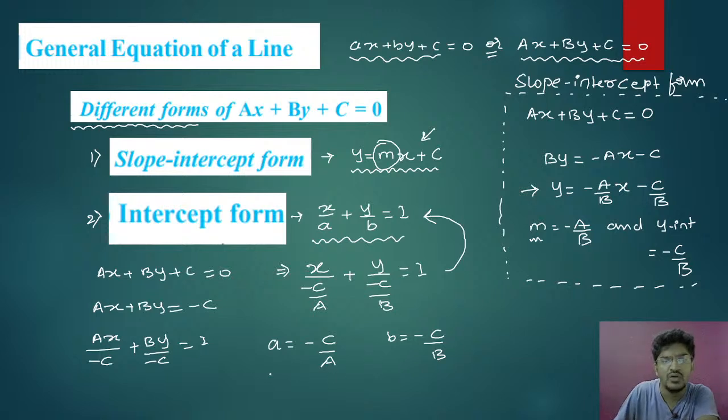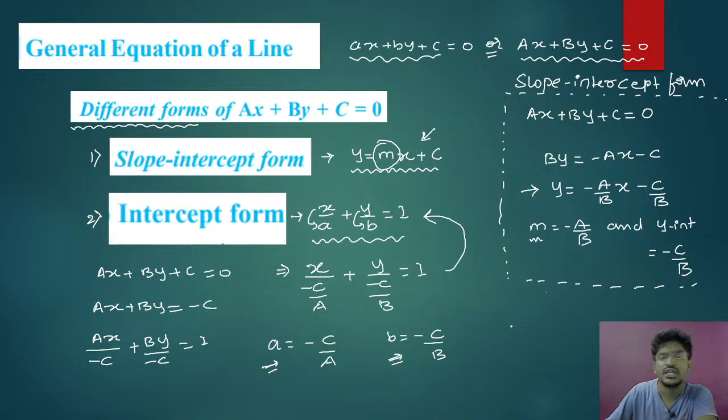Clear? So now this is your x-intercept and this is your y-intercept. Because we all know that a is x-intercept and b is y-intercept. In the same way, minus c by a and minus c by b are going to be your x-intercept and your y-intercept.